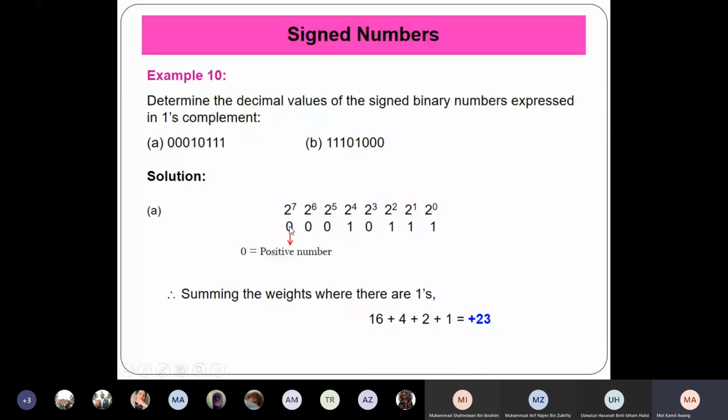The sign is a positive number. So what does it mean, expressed in first complement? Basically, if it's 1 here, then this is in first complement. If it's 0, basically this is the sign and this is the magnitude.